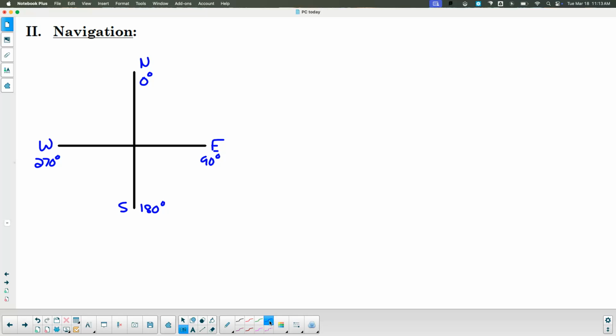Remember that navigation can come in 2 different forms. It can come as a degree, or it could come as the north-south degree east-west angle.